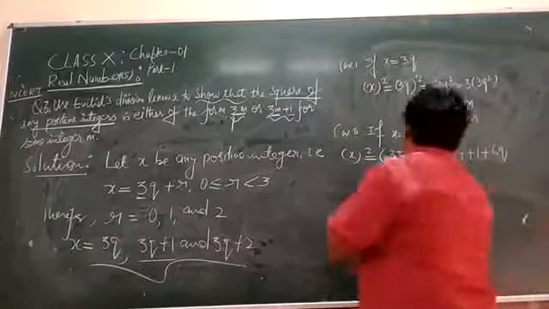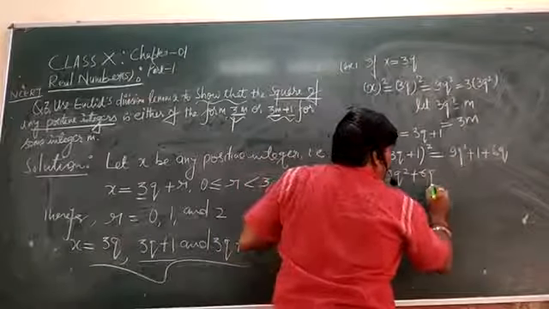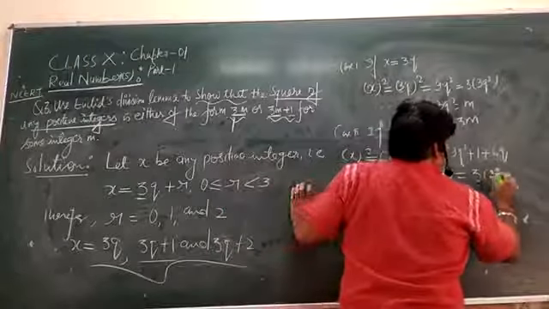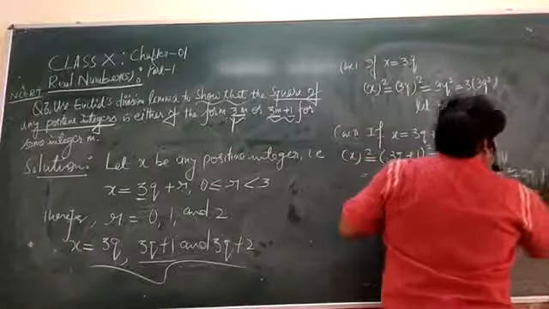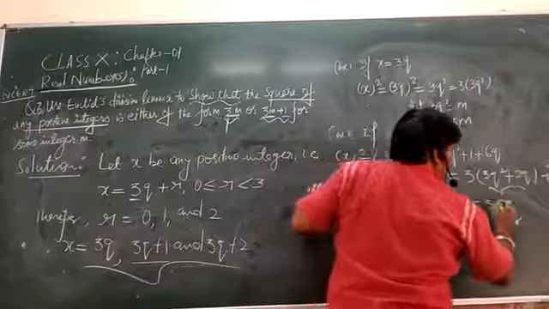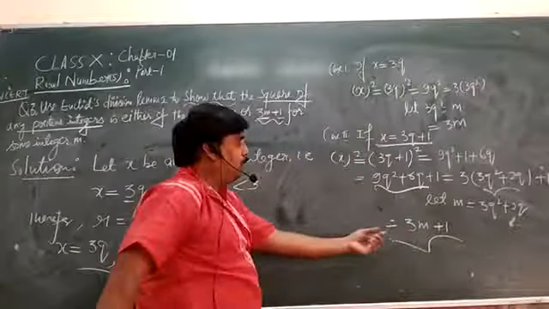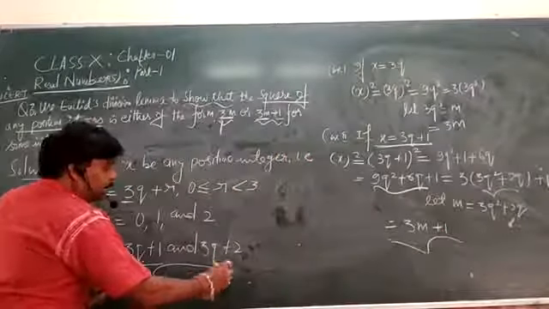From 9q square plus 6q we can take 3 common, so this is 3 times 3q square plus 2q, plus 1. Assume m is equal to 3q square plus 2q. So this is equal to 3m plus 1. So the square of this one can also be written in the form of 3m plus 1, a multiple of 3 plus 1.